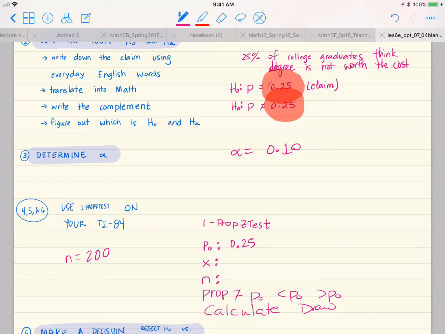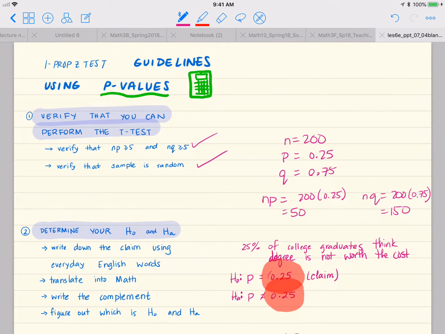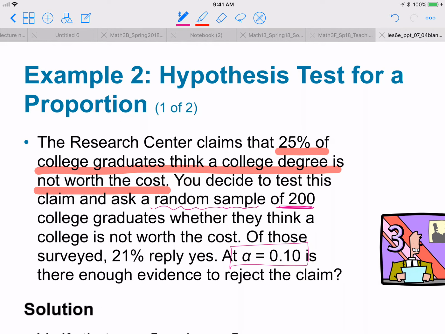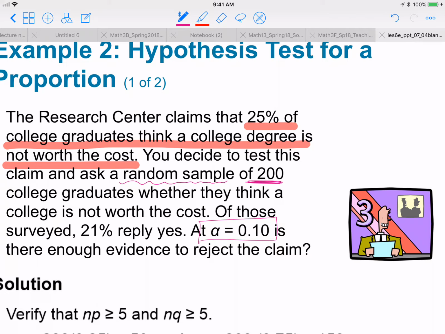And now what is my X? Remember, X is supposed to be the number of successes. Now this is key. I don't know. They didn't tell me the number of successes. Well, let's look here. It says, of those surveyed, 21% replied yes. So 200 were surveyed, and 21% replied yes. So my X is going to be 21% of 200.